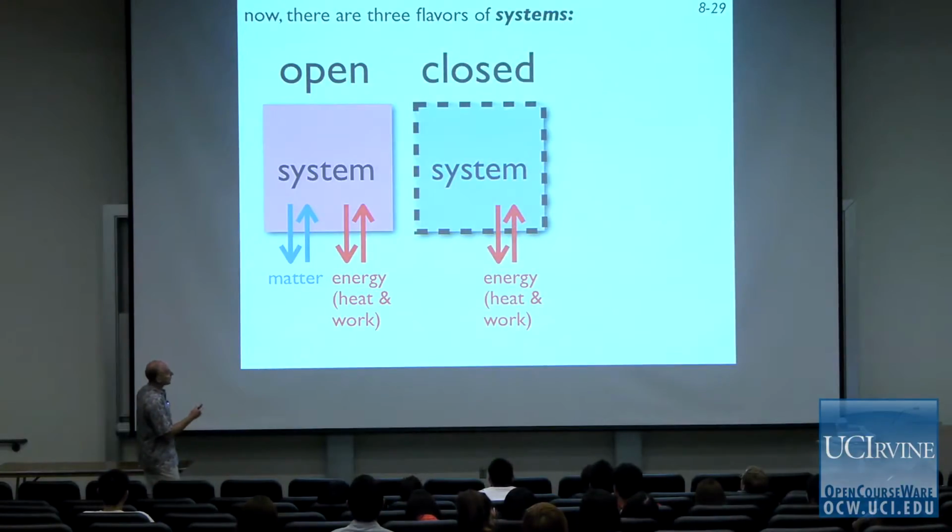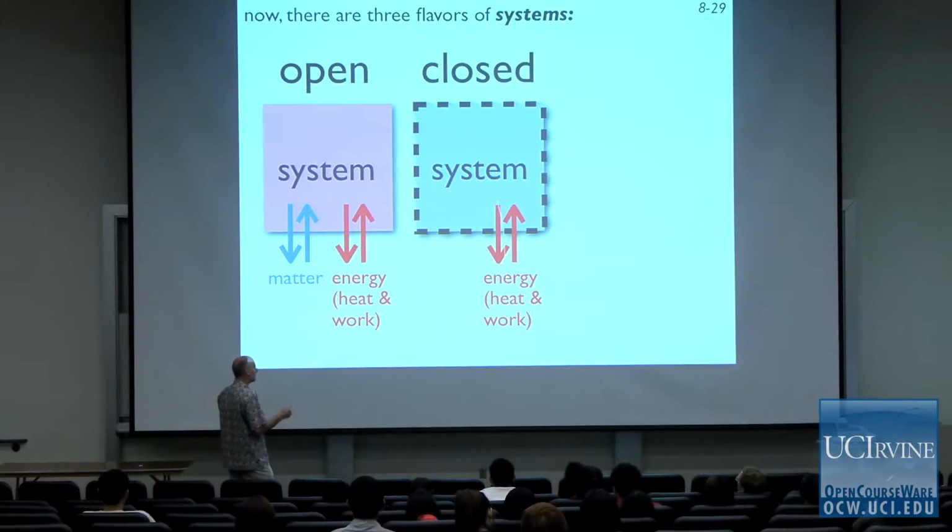There's a closed system where matter can't move but heat and energy can. Energy in the form of heat and work can flow in and out of the system. That's what I mean by this dashed line here.